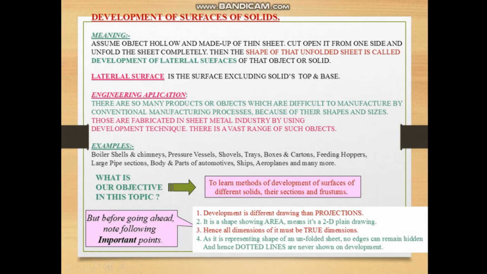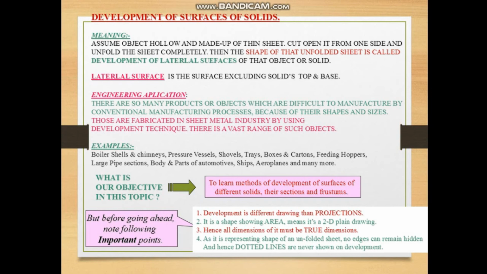What is lateral surface? The surface excluding the top and base of the particular solid. Where do we use development of surfaces? There are many products which are difficult to manufacture by conventional machining processes because of their shape and size.